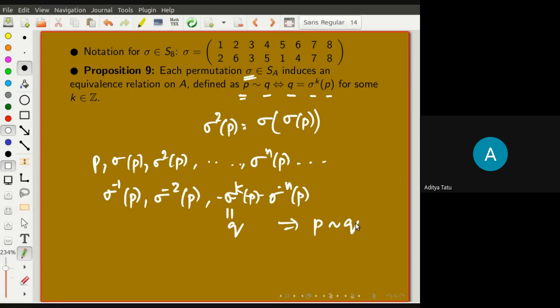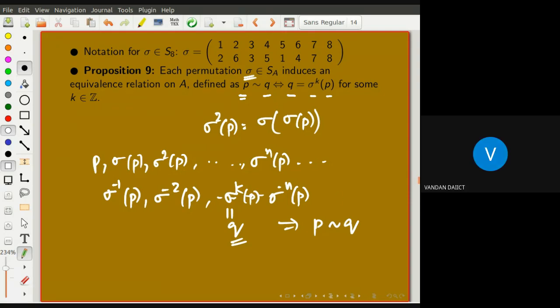I hope the meaning of this relation is clear. P and Q are related if, by applying the same sigma and sigma inverse on P and its resultants, one of these elements is Q. Understood?